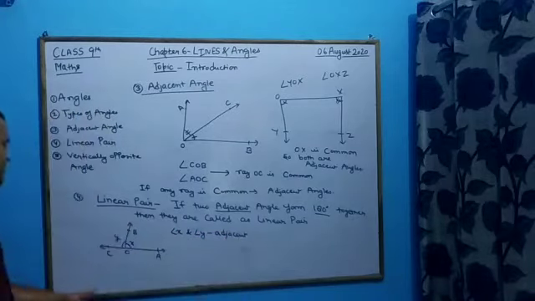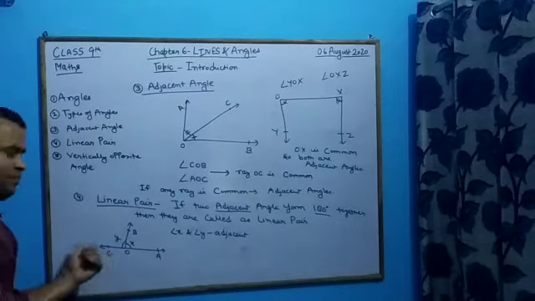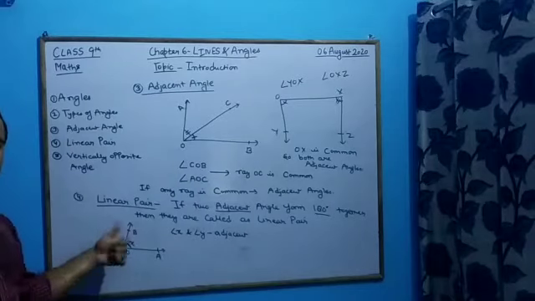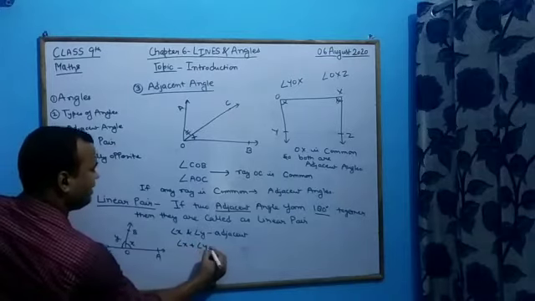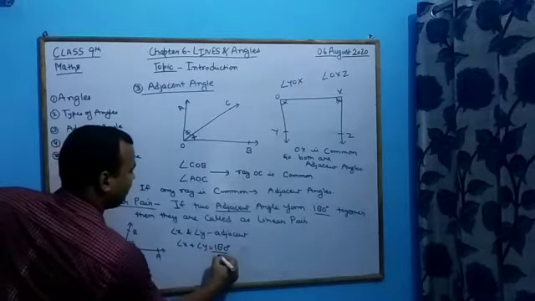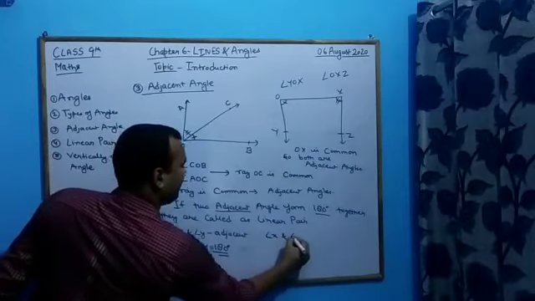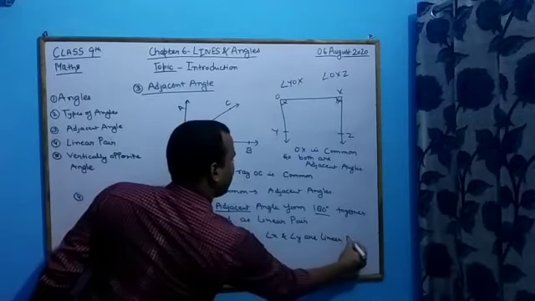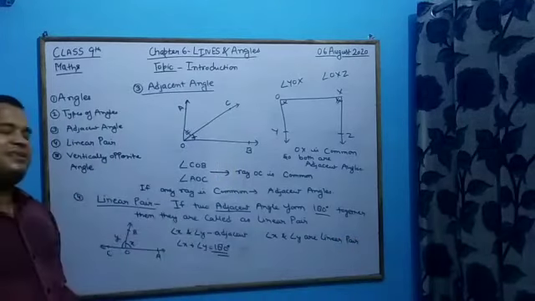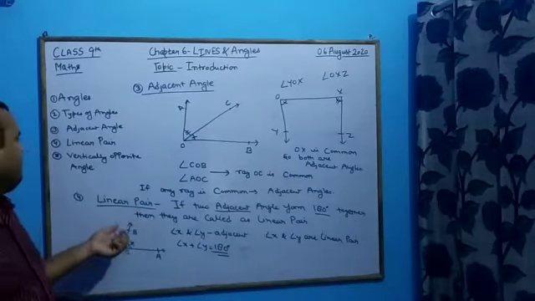We can also see that both lie on a line and together form a 180-degree angle, that is, angle X plus angle Y is equal to 180. Both are following the conditions, so we can say that angle X and angle Y are a linear pair. Any two angles which are adjacent as well as form a 180-degree angle together are known as a linear pair.